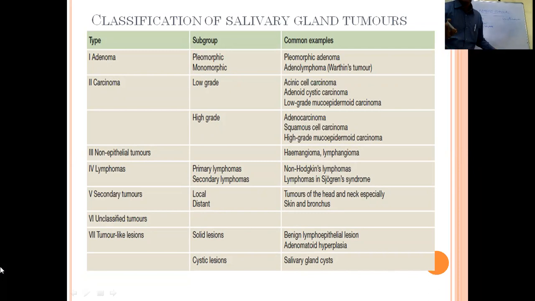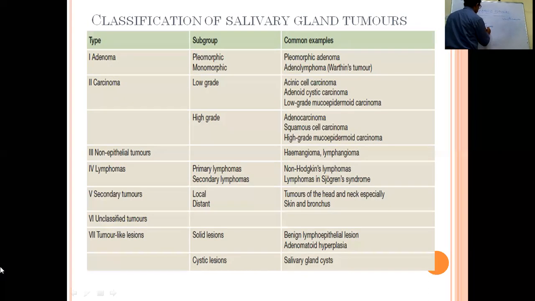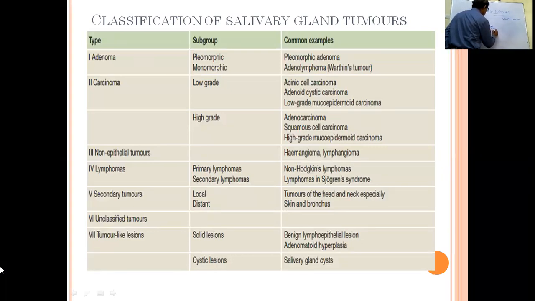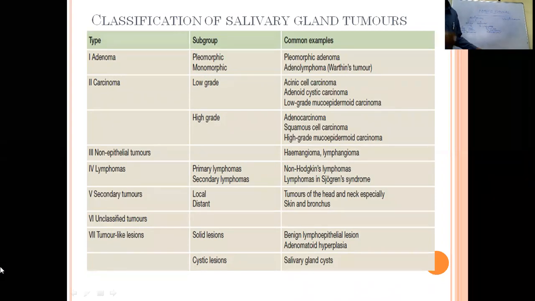Low grade tumors, examples are acinic cell tumors, then low grade mucoepidermoid carcinoma, then adenoid cystic carcinoma. So these are low-grade tumors.